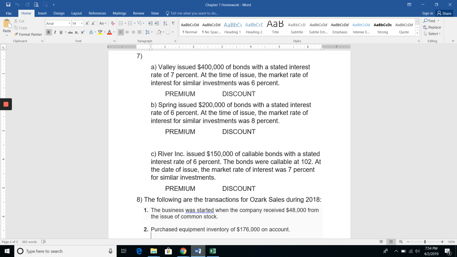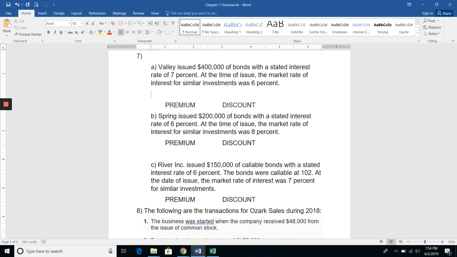Really what we're saying is that we're comparing the stated interest rate, the rate on this bond, and we need to compare that to the market.